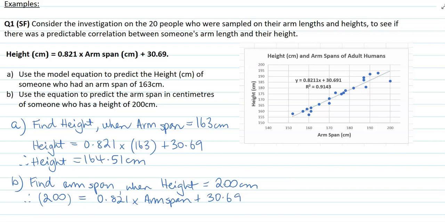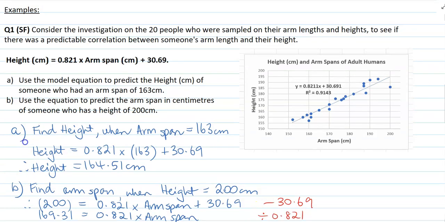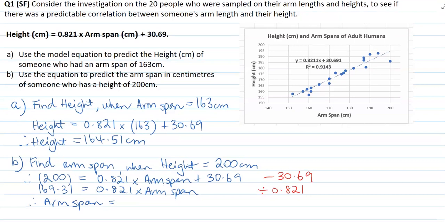First step, we want to get rid of the plus 30.69, so we minus 30.69. And then to get rid of the 0.821, we simply divide by 0.821. And that gives us an arm span of 206.22 centimeters.